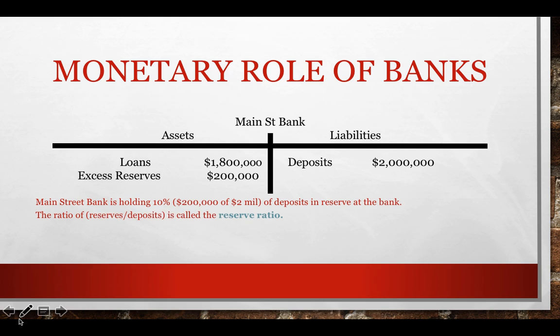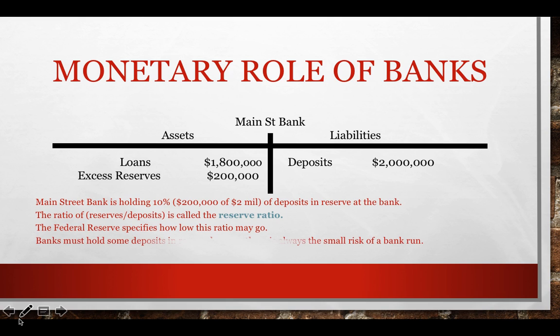The ratio of reserves to deposits is called the reserve ratio. This is something we will be talking a lot about. This is set by the Federal Reserve, and they can raise it or lower it depending on how much money they want in the economy.